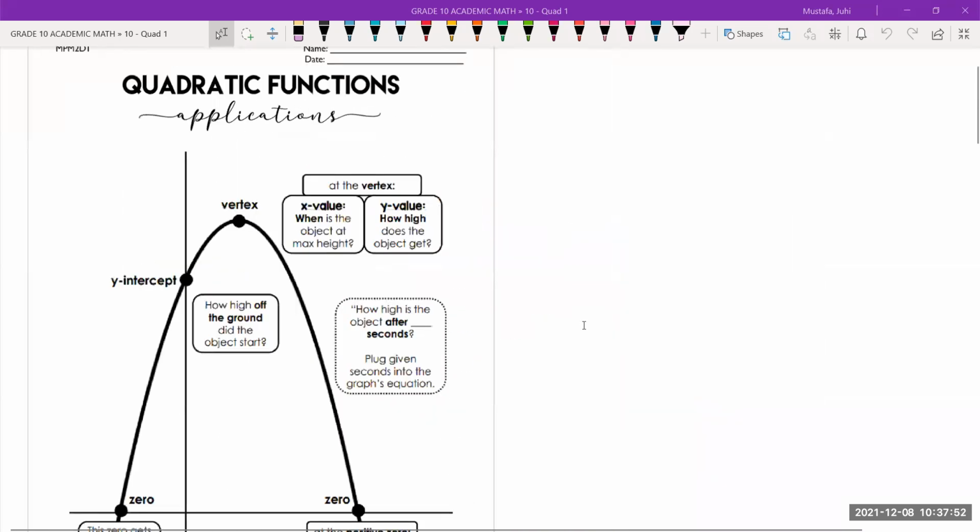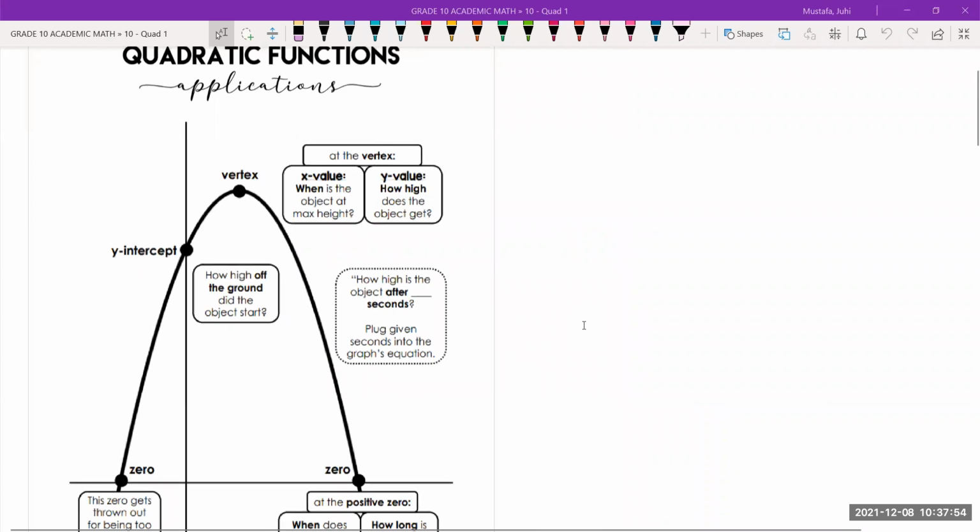Because we've been talking about parabolas, all of the word problems we're going to talk about today involve something in parabolic motion. I can give you lots of examples. When you kick a soccer ball really far, it flies through the air in a perfect parabolic motion.